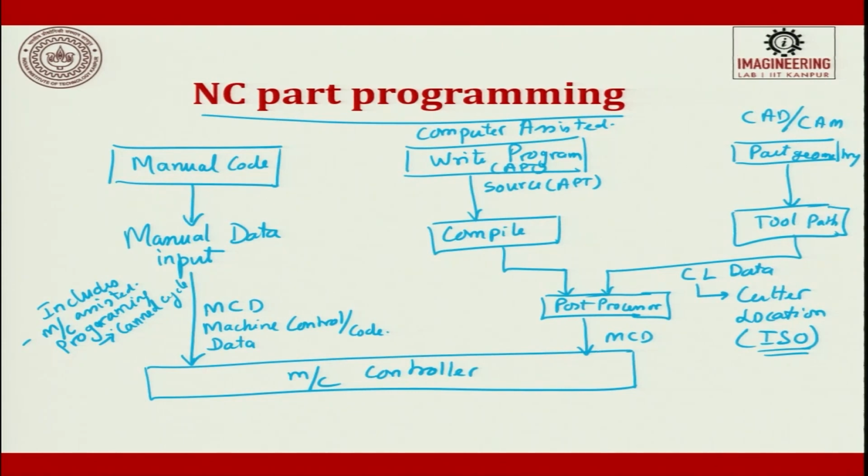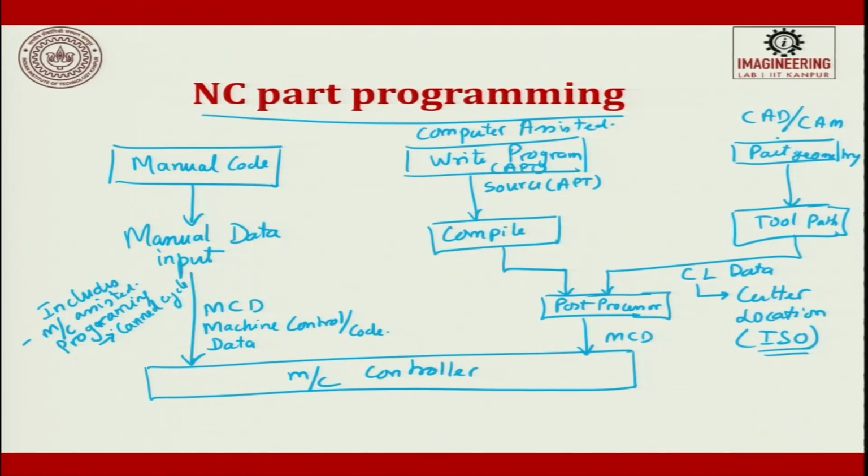So, if you look at it, there are three verticals. One vertical is manual: you look into the component, you write the program, it is given to a controller, and the machine controller happens, or we can put it as machine. The other way is looking into the part, the computer itself generates a program, that is, write program, then it gets compiled, then it is sent to a post processor, and then to the machine controller.